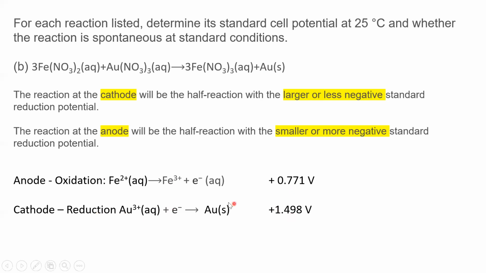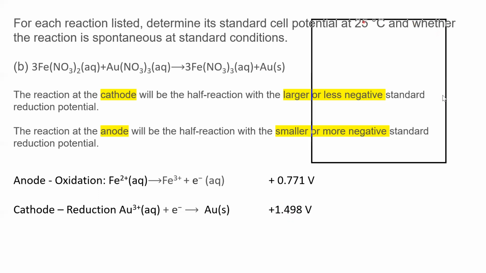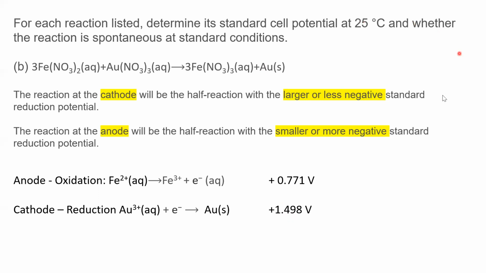So take the cathode value, subtract the anode value, decide whether we get a positive or a negative value for our reduction potential difference, and decide whether this reaction in the direction it's written is spontaneous.